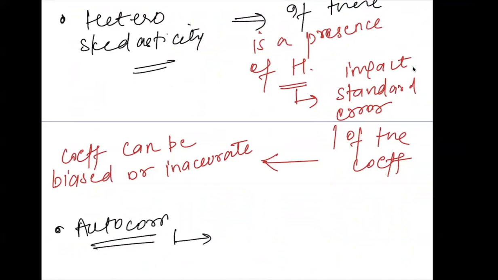Now autocorrelation, right? If the errors are autocorrelated, which means the previous error actually impacts the current error, then we know that this will violate the assumption and can lead to incorrect model parameters or incorrect model coefficients.